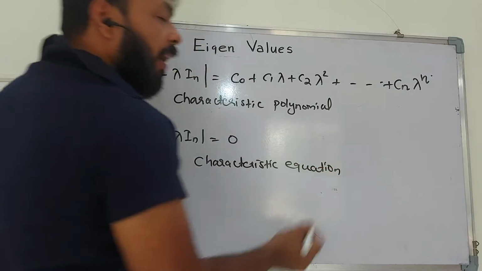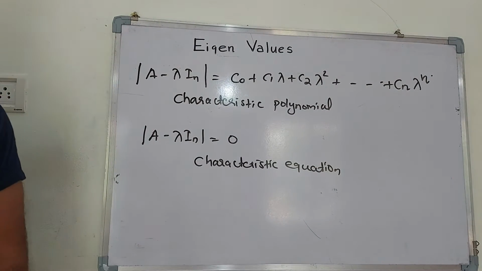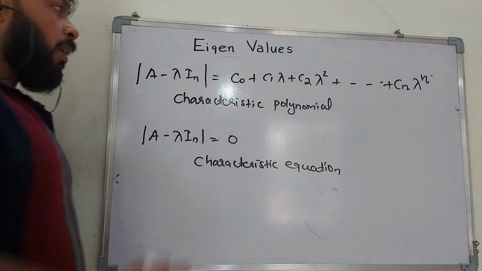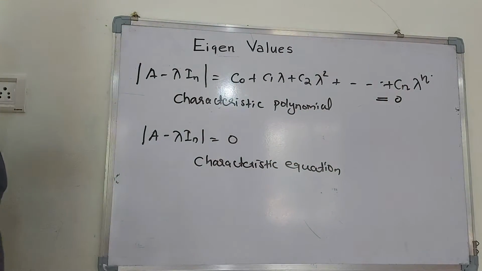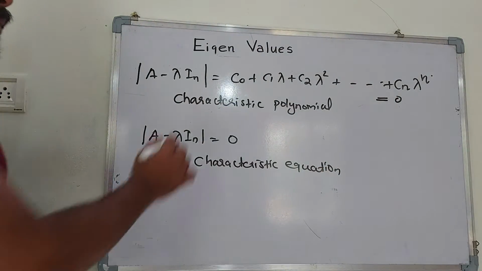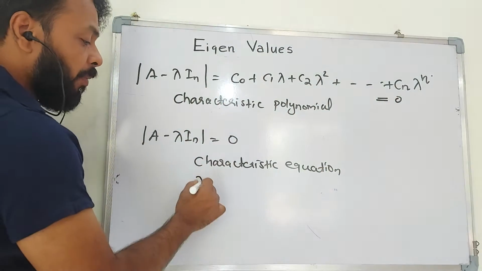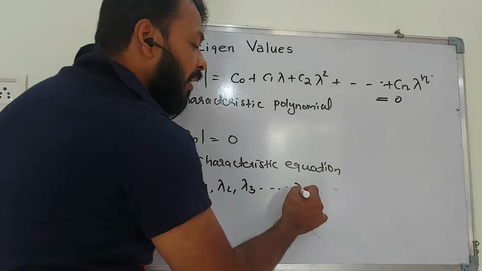The characteristic equation of a given matrix A is determinant of A minus lambda In equal to 0. So the characteristic equation is this. That is a polynomial equation. And we know a polynomial equation has n roots. So this equation will have n roots. We call the roots lambda 1, lambda 2, lambda 3, etc., lambda n.